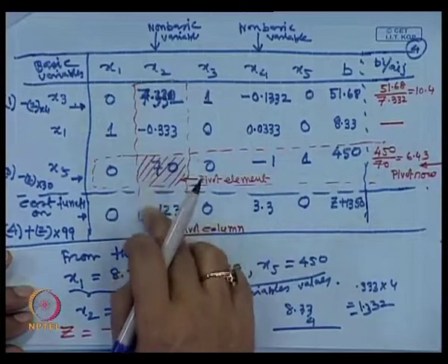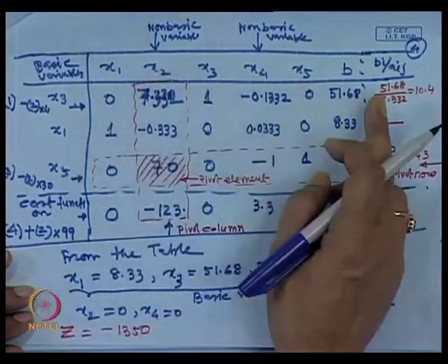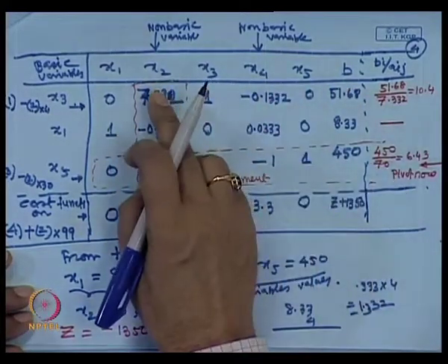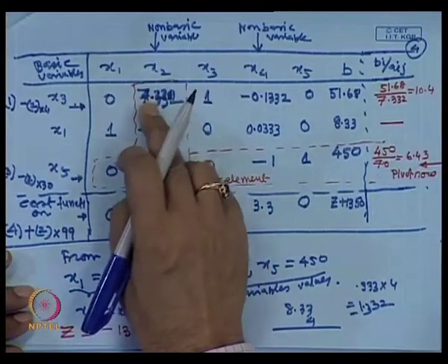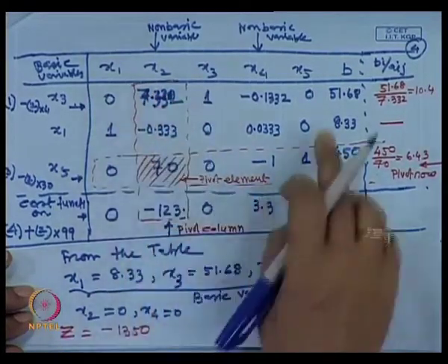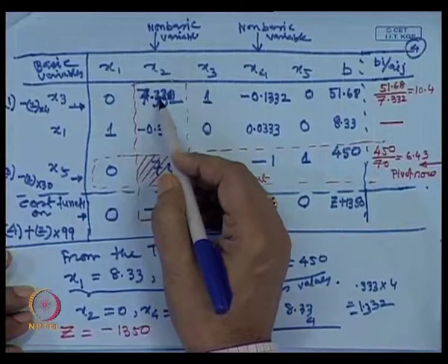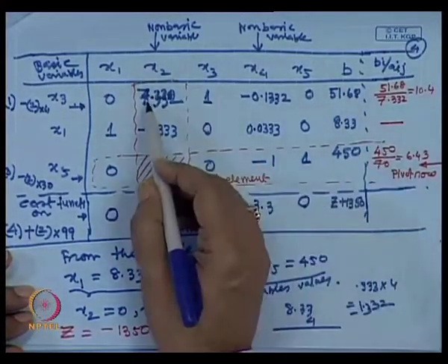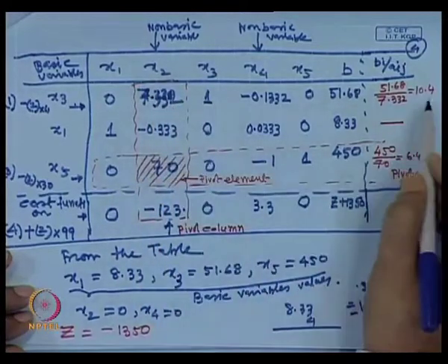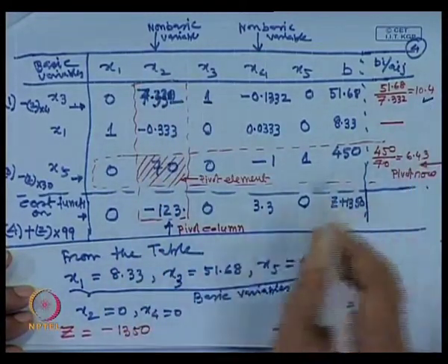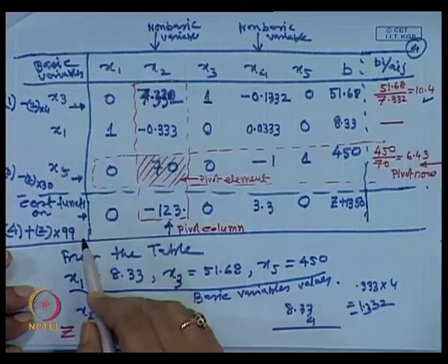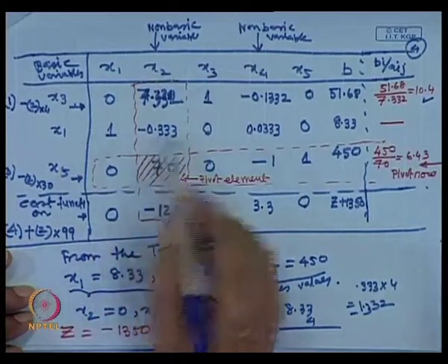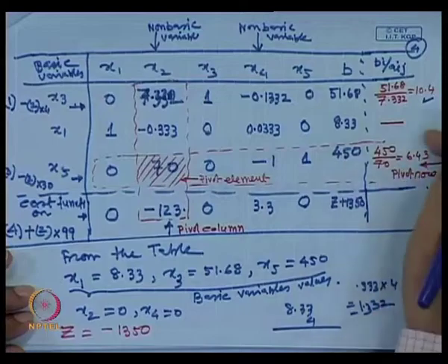Once the pivot column is selected, find the ratio of B divided by the positive x 2 coefficient. In this situation, 51.68 divided by 7.332 gives a ratio of 10.4, and the other is negative. This minus sign will not help us select the pivot element.